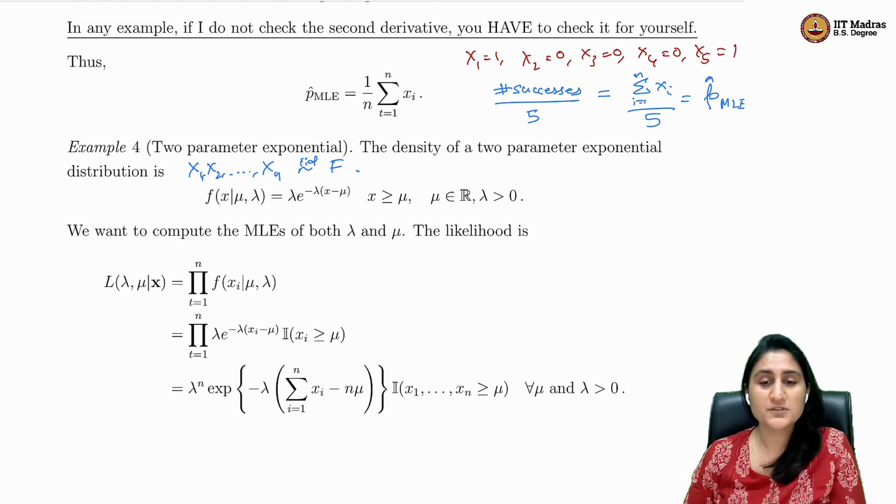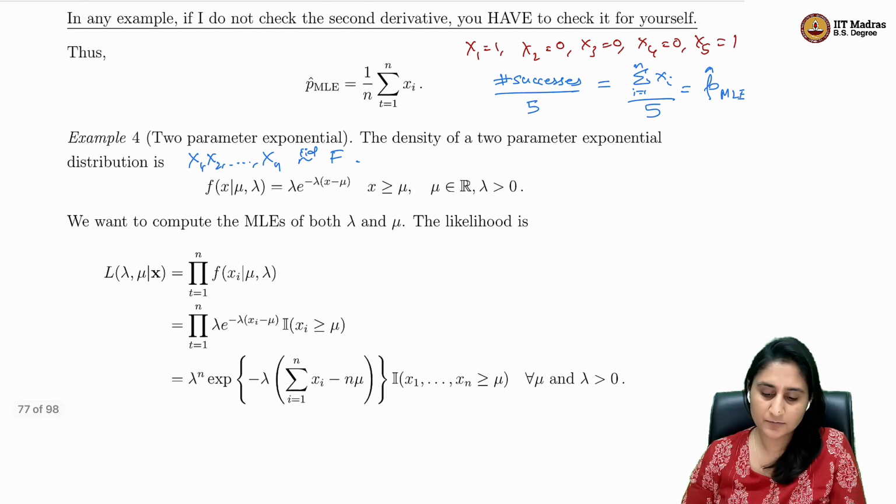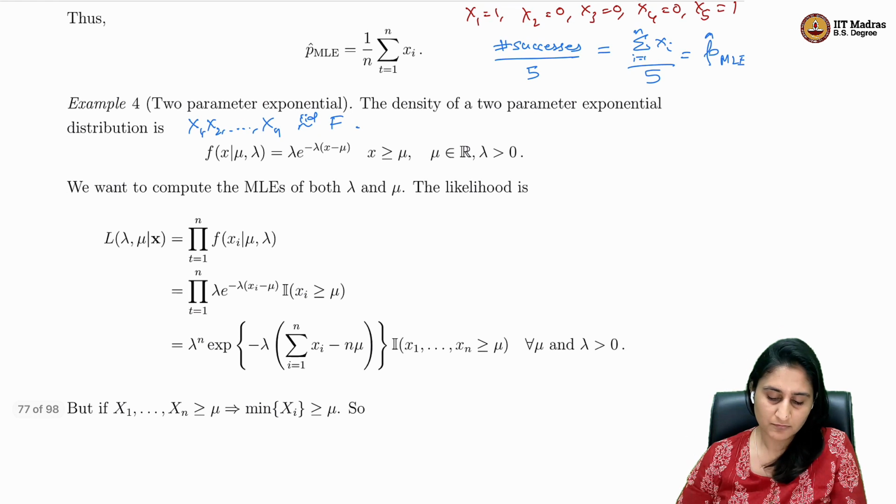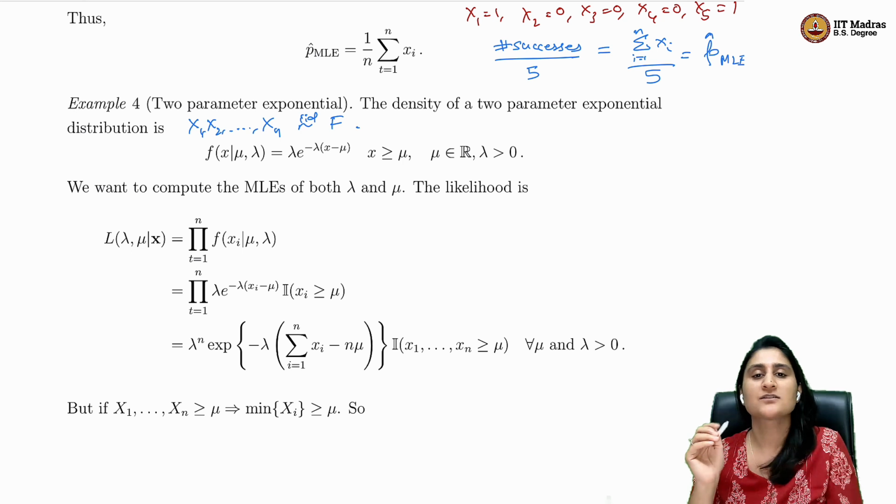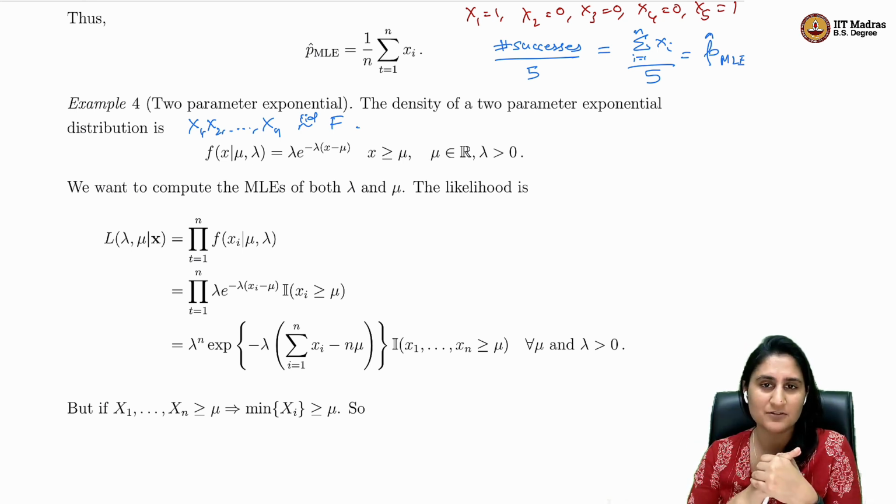Now that I've observed data, I can find the likelihood function, very similar to the way I did before. So the likelihood is L of lambda comma mu given x. And now there are two parameters that I'm interested in.